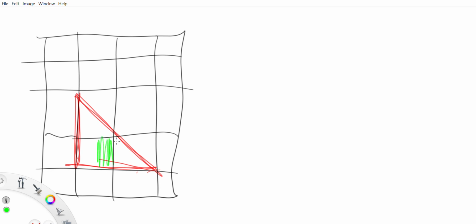We say there's 1 there, and then there's half a 1 here and half a 1 here. So you'd say this 1 plus these two halves. A half plus a half makes another 1. So that equals 1 plus 1. So the area is 2.